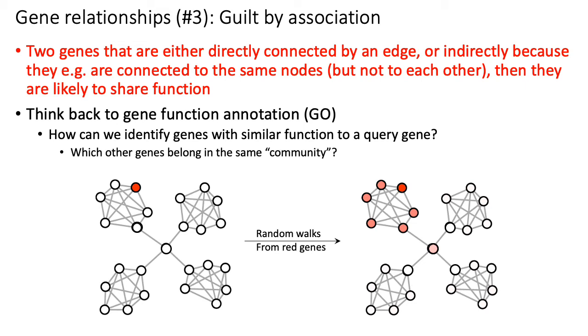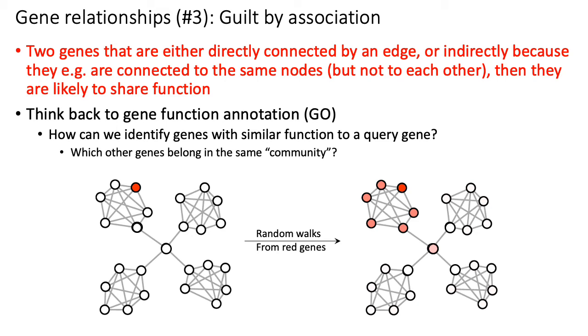Another approach is through what's called guilt by association. The idea here is that two genes that are either directly connected by an edge in the network, or indirectly connected because, for example, they share a lot of neighbors in the graph, are likely to share function. A neighbor of a node is just a node that is connected to that node.